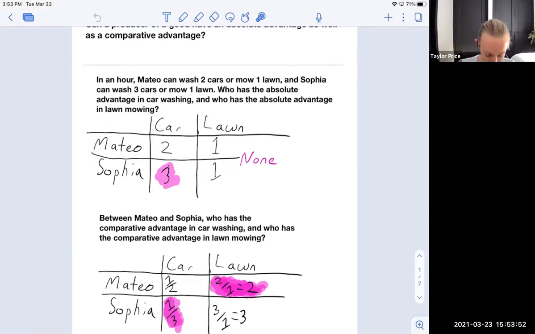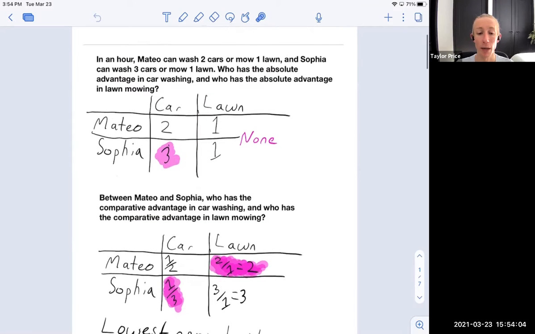We can see that Sophia has the absolute advantage in car washing, whereas neither individual has an absolute advantage in lawn mowing. When we take a comparative advantage approach, though, we can see that Mateo actually has the comparative advantage in lawn mowing, whereas Sophia has the comparative advantage in car washing.